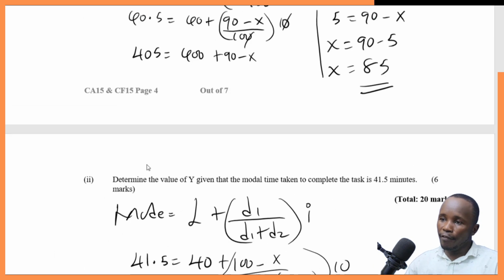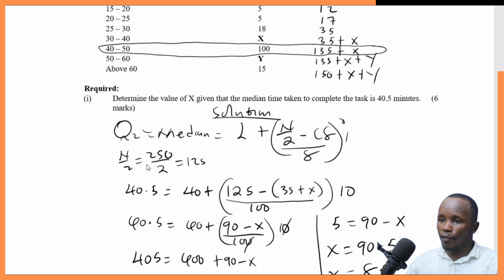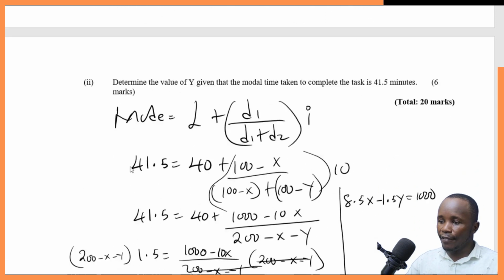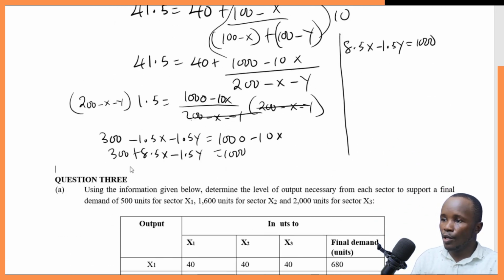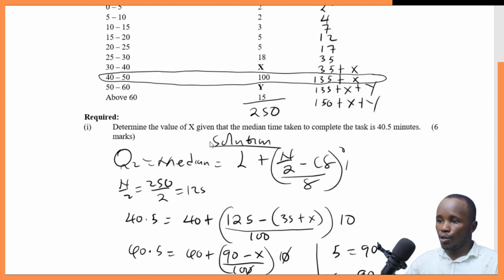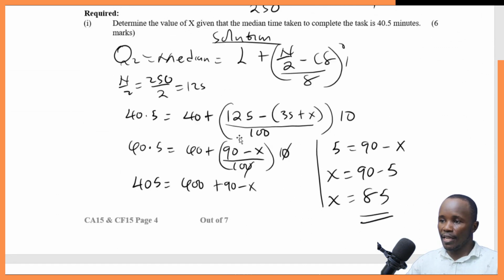But remember, from here, the total frequency is supposed to be 250. It therefore means 150 plus x plus y should be the same as 250, because the total frequency here is 250.